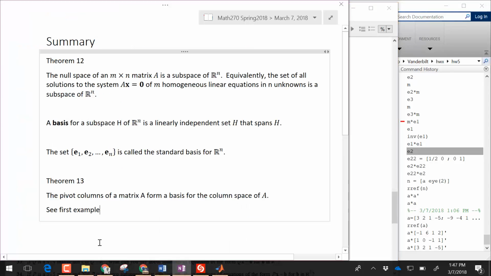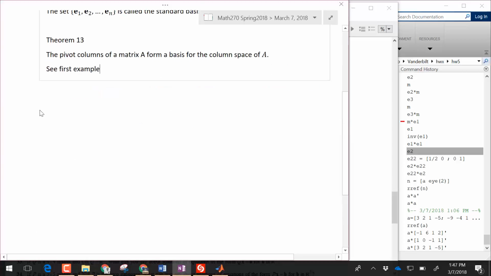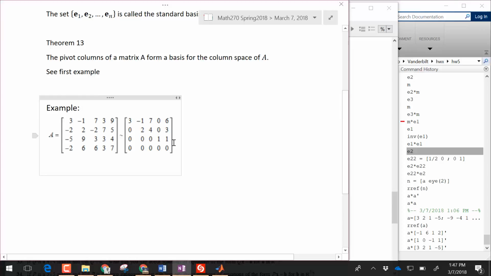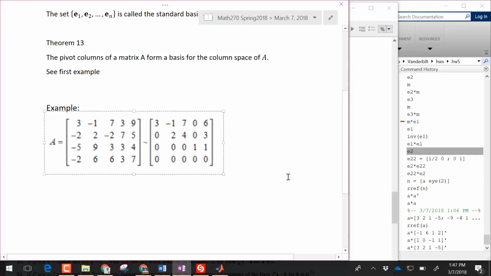In these examples, they gave us the reduced row echelon form already, which makes it nice and easy for us.